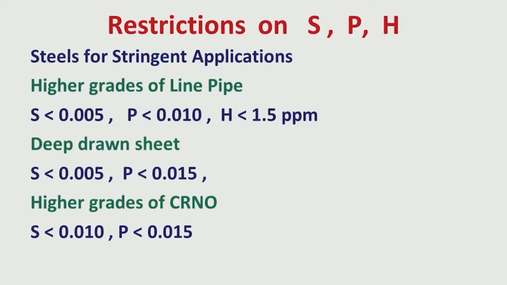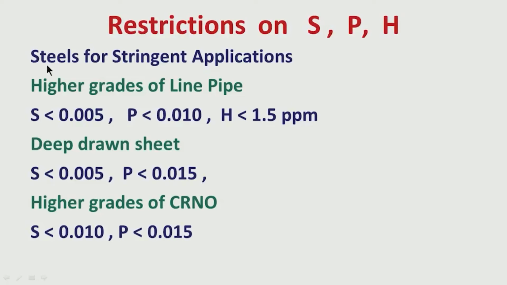Now let us go to some other requirements. I have talked about requirements for oxygen, nitrogen and inclusion size. Now let us talk about the stringency on sulfur, phosphorus and hydrogen in these particular grades of steel.